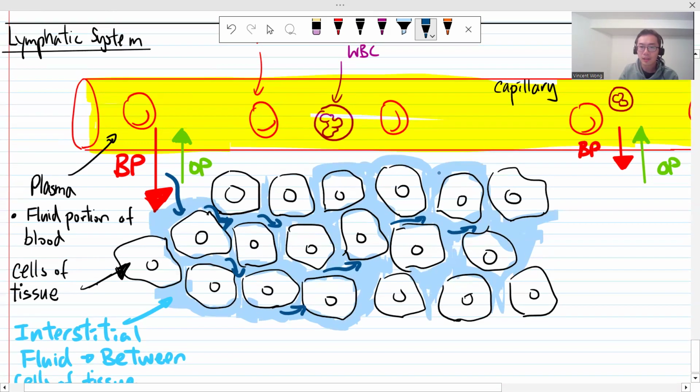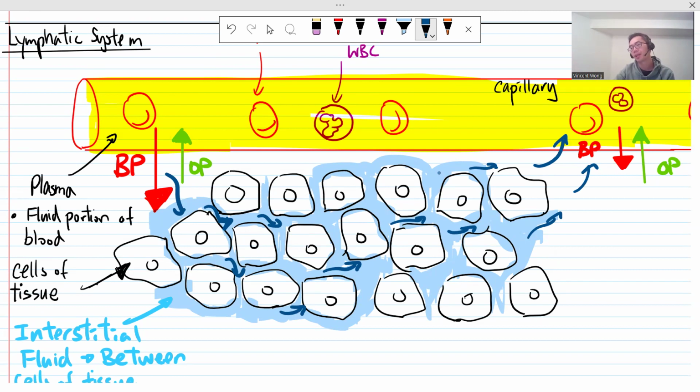Now, the fluid will eventually go back in, because on the venous side, the OP is bigger than the BP, so you're able to take back some of it. But if you remember what we talked about last time, the numbers are not quite the same on the arterial side and venous side. You actually end up losing more fluid than you're able to bring back in.